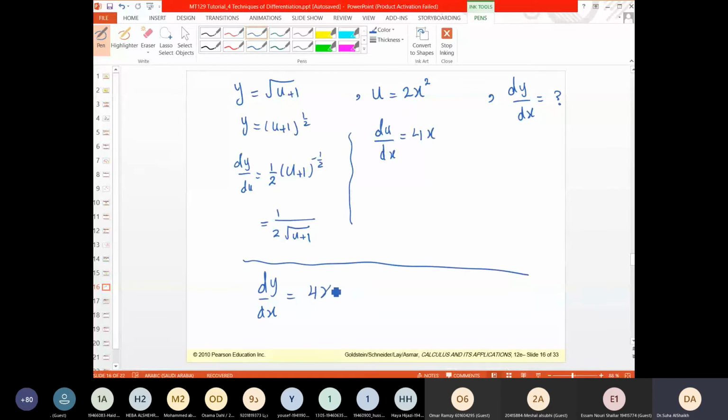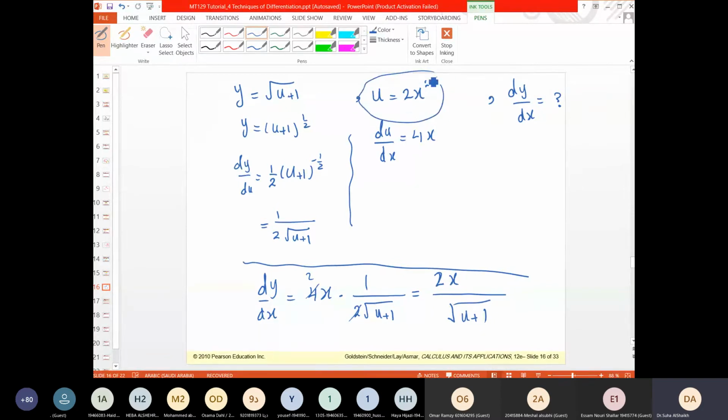So it will be 4x times 1 over 2 root of u plus 1. This equals, let's say, 2x, if the 2 cancels one of the 2's here, divided by the root of u plus 1. Now I know that u is 2x squared. So this will be 2x over the root of 2x squared plus 1.